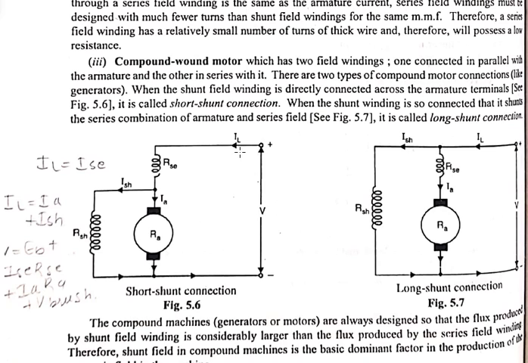So when current is drawn from the motor, IL, you can see the current that is flowing here is ISC, equal to IL because they are in series. Once it comes to this particular node, IL, equal to ISC, will get divided into two parts. One is ISH and one is IA.